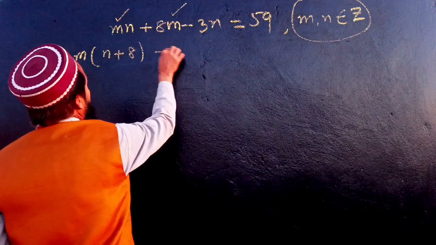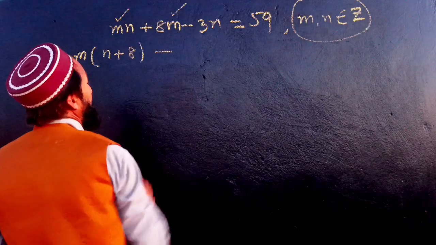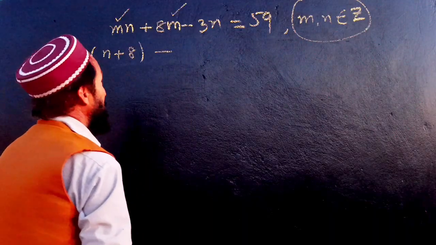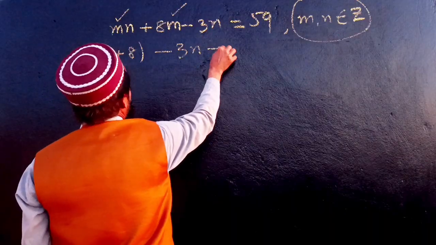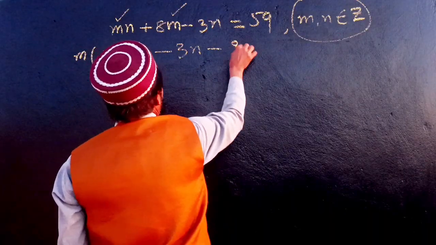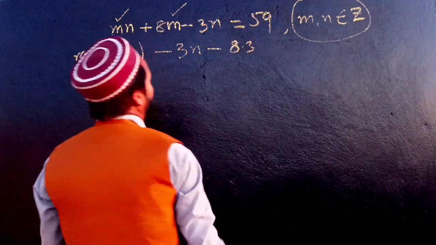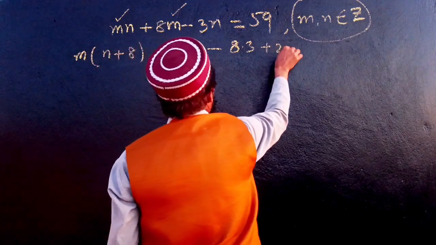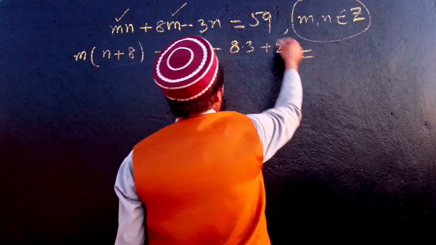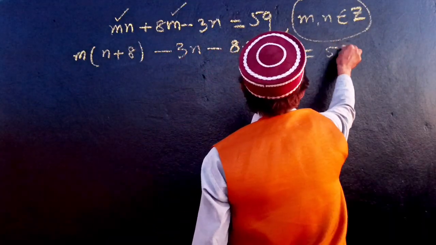Here we can multiply by 8, and also look at 3n minus 8 and 3, and this term minus 24, so we can add this term, we get 24, and also to the right side 59.